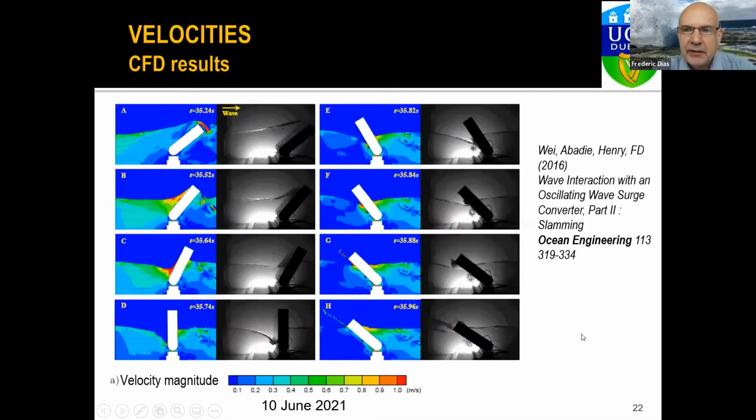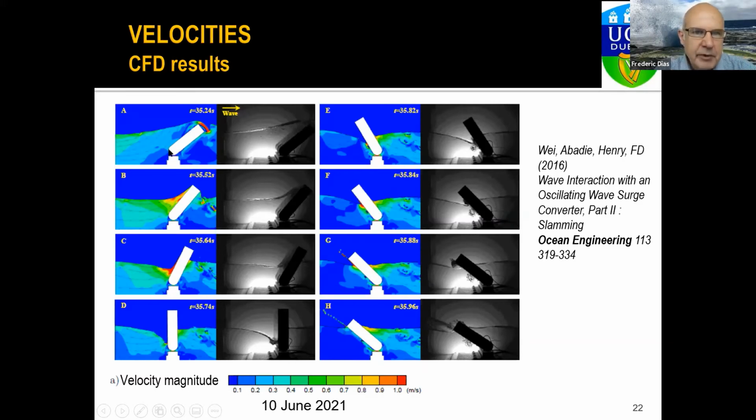So these are some numerical simulations. In black, these are the experiments. The wave comes from the left, and then it's A, B, C, D, E, F, G, H. So we have first the flap which is being pushed, then it goes back up, and then it starts falling back, and that's when the slamming occurs.